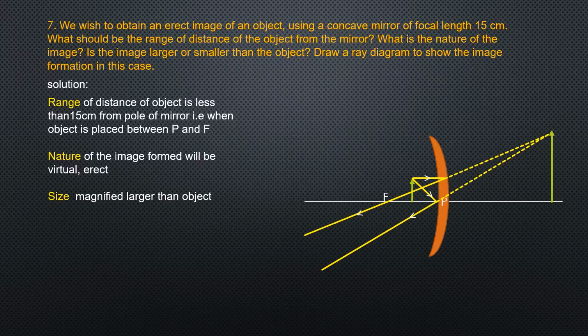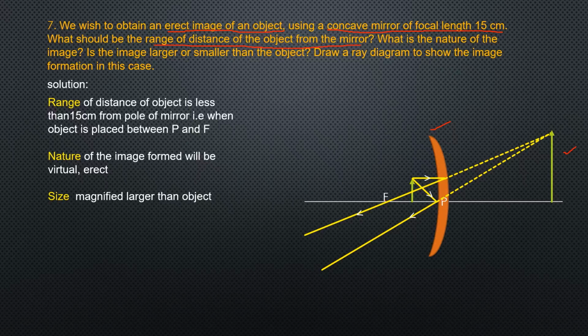So first question is, what should be the range of distance of the object from the mirror so that erect image of the object is formed? It is given that the concave mirror is of focal length 15 centimeter. So this is your concave mirror. Then the object is placed between pole and focus of the mirror. The image formed is virtual, erect, and magnified.